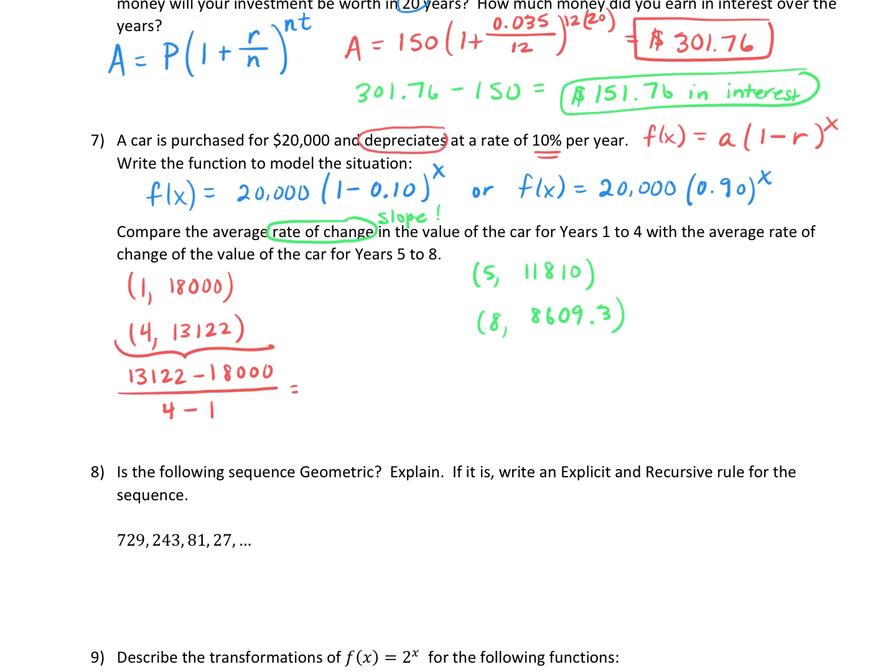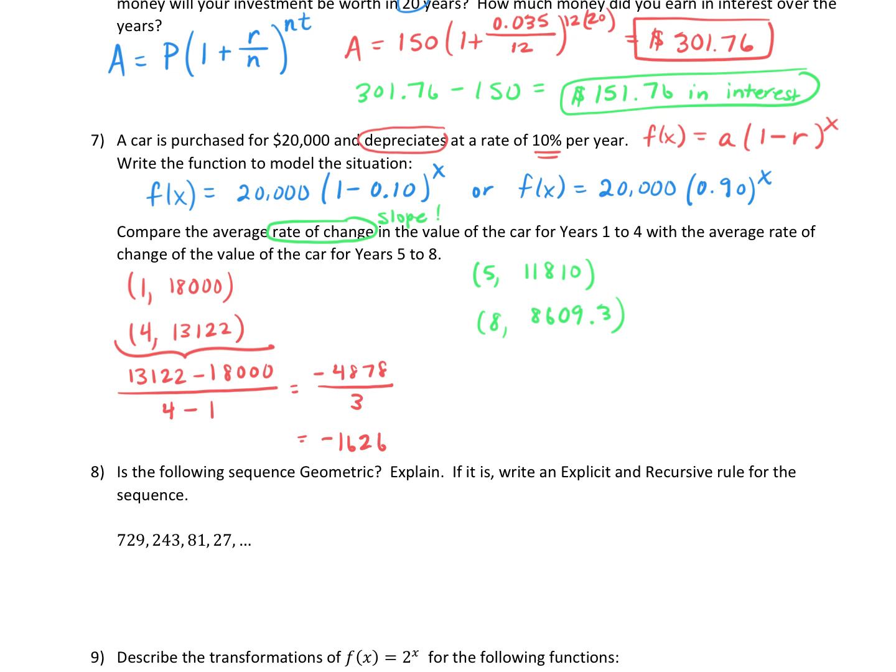All right, 13,122 minus 18,000 is a negative 4,878. Divided by 4 minus 1 is 3. So we'll go ahead and divide that out, and we get a negative 1,626.